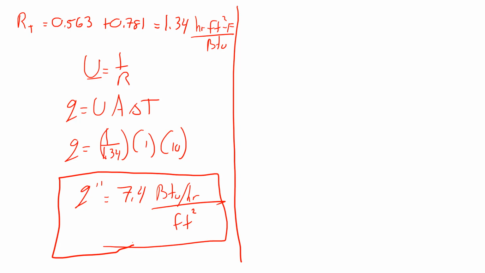What's interesting about this particular problem is that it's looking at the heat transfer through the two boards in series, where you have the temperature on each side of the wall.